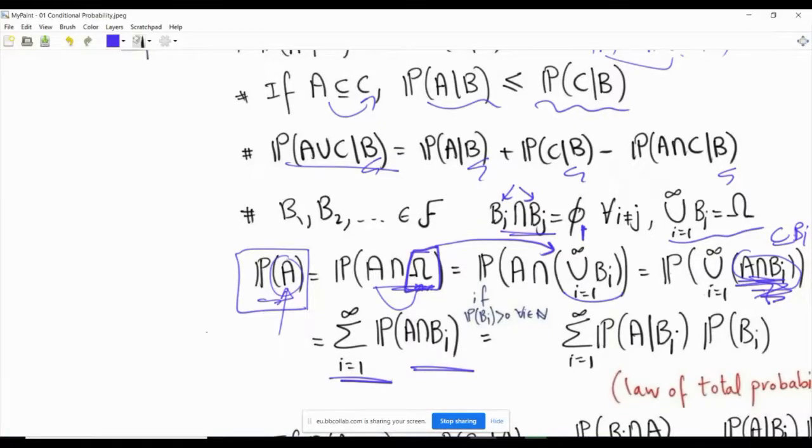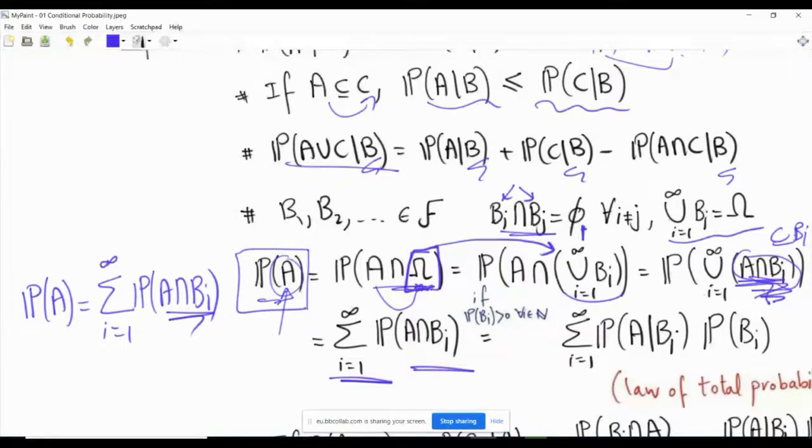Okay, and so this is the first form that we have here. It's general and very useful, because sometimes those events are much easier when you compute the probabilities.